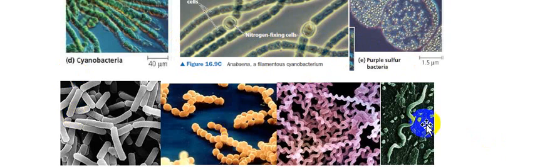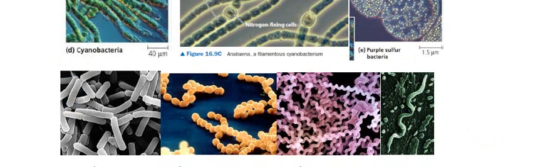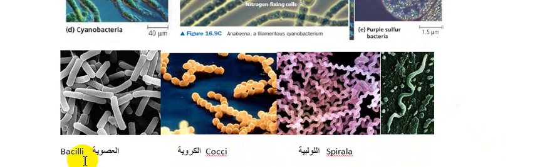Here you can see the different shapes of bacteria: the bacilli, bacillus, rod-like shape, and cocci, spherical, and this is spirillum, and this is the spirochete. Here, this is Streptomyces, a source of antibiotics.